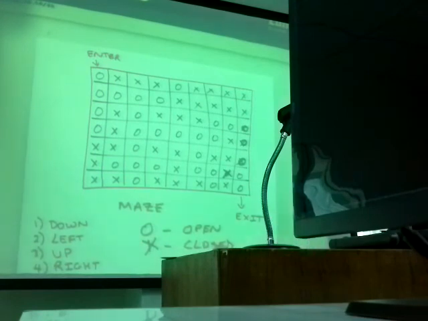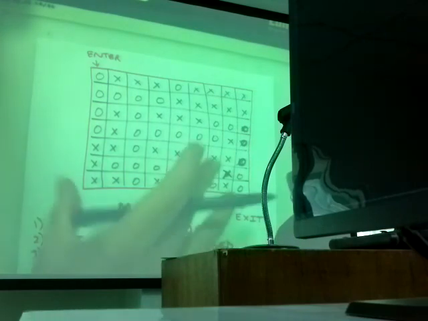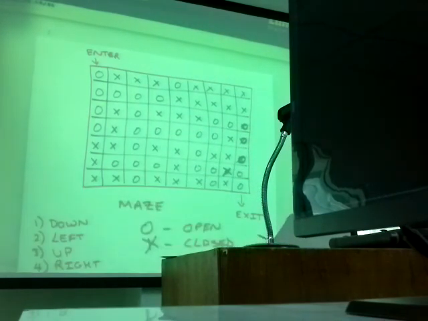So I would like to be able to write a computer program to solve a maze problem. I could give that program any maze, and it would work. It would find a solution to the problem.